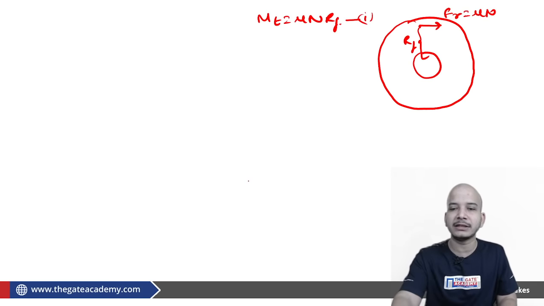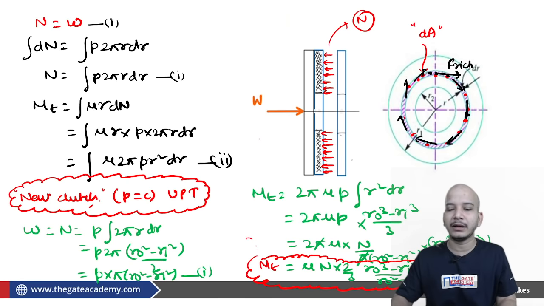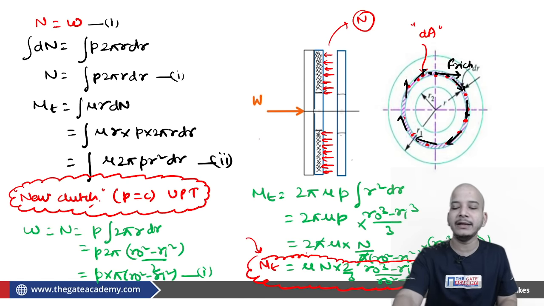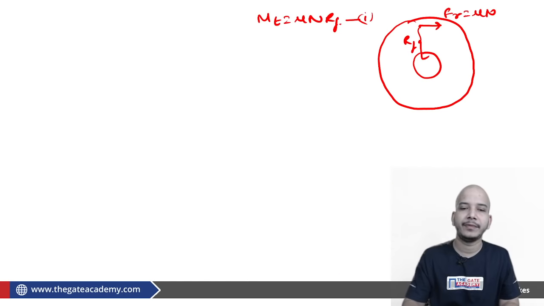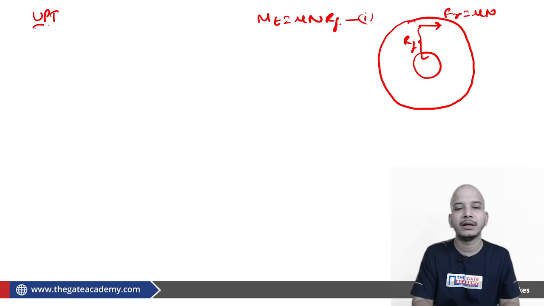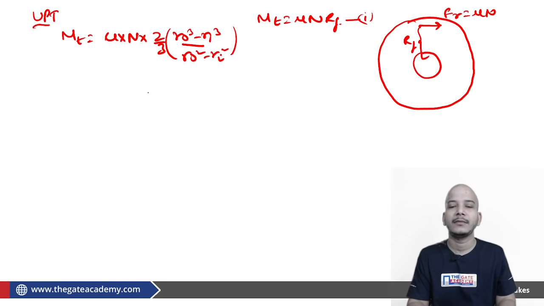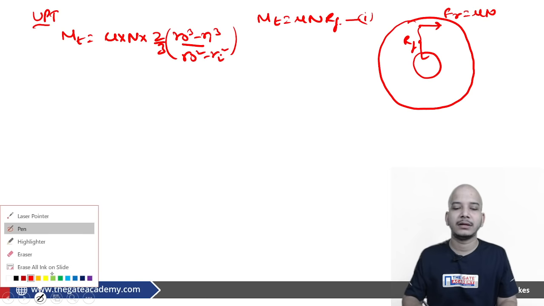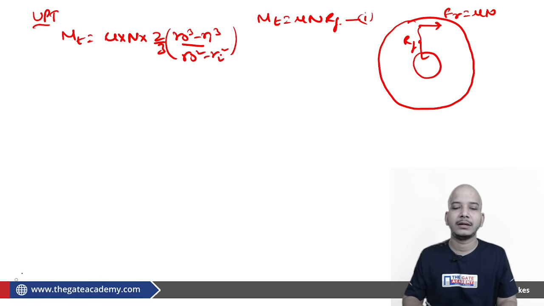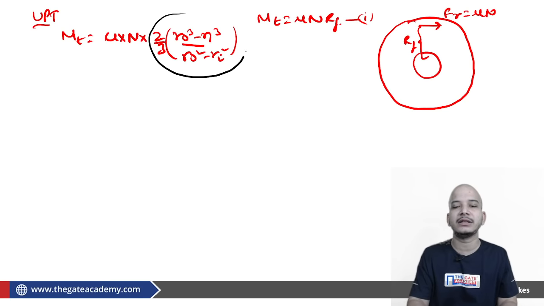Now if you compare this formula with this particular formula of MT, then as far as uniform pressure theory is concerned, MT came out to be mu into N into 2 by 3 into (Ro cube minus Ri cube) upon (Ro square minus Ri square). On comparing, you can say that this portion and this portion seem similar.